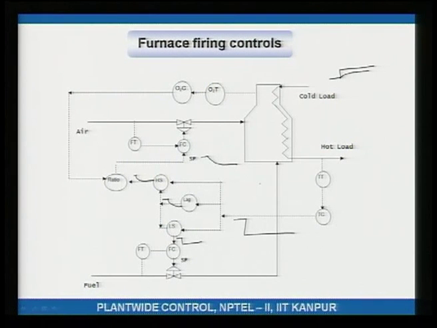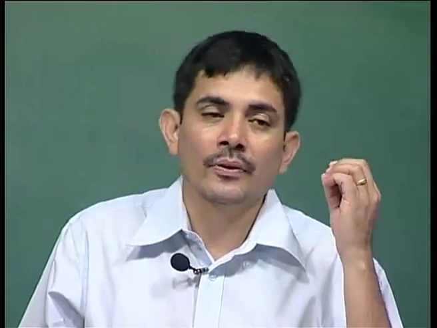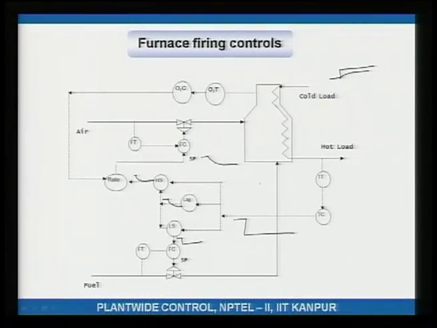What that again ensures is that during the transient, fuel decreases first, followed by the air. That again ensures that you are always in the air rich regime during the transient. Okay. So, just a lag and some combination of high selects and low selects, and you are able to accomplish what you wanted to accomplish.